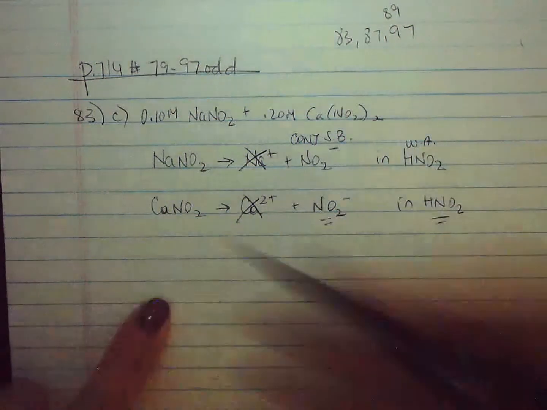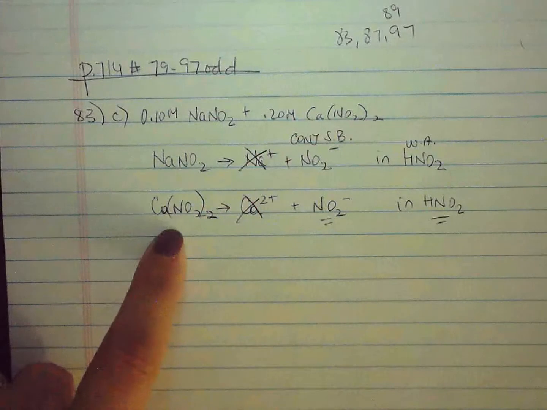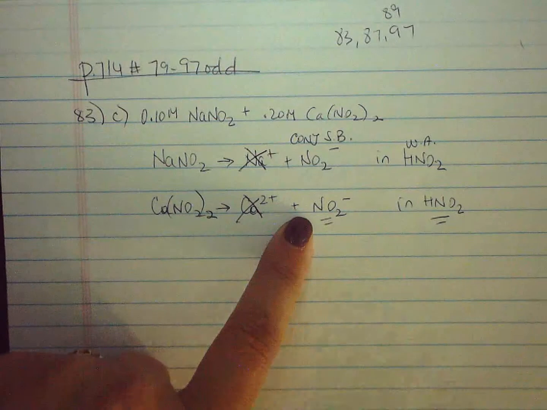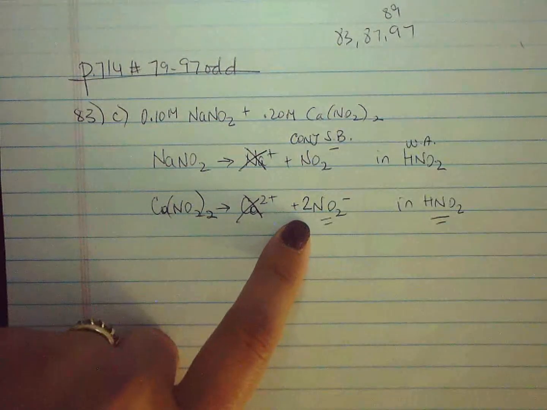And one thing that you should notice here is when you write the equation for how Ca(NO2)2 dissociates, you really need to put a 2 in front of the NO2, all right, to conserve the number of atoms.